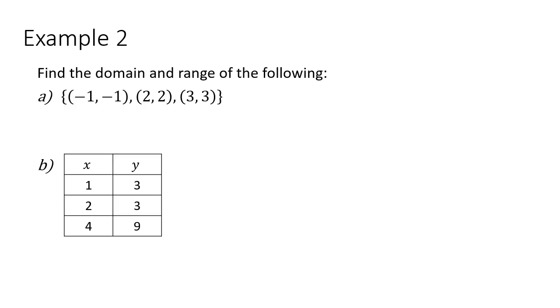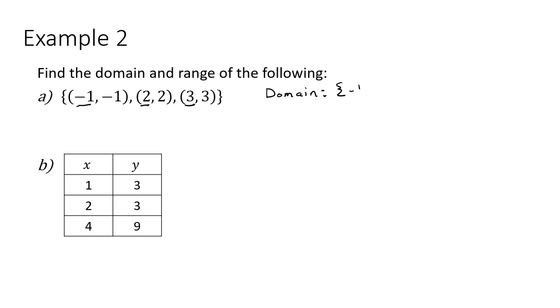So example 2 then is just an extension of example 1. We're asked to find the domain and range of the following. And again, it's just a list. So for part A, if we want the domain, it's the list of all x values, of all first coordinates.